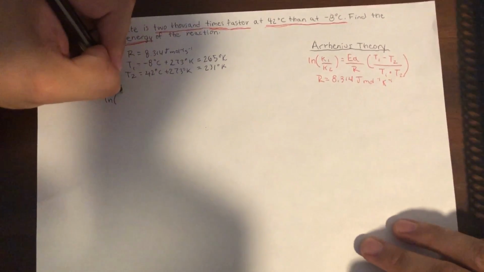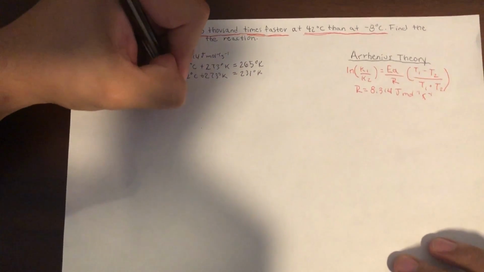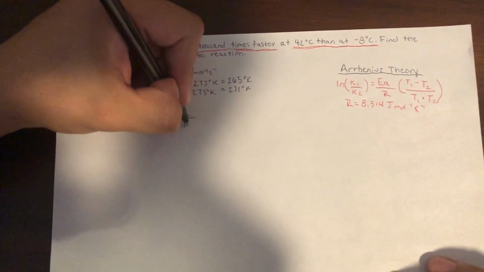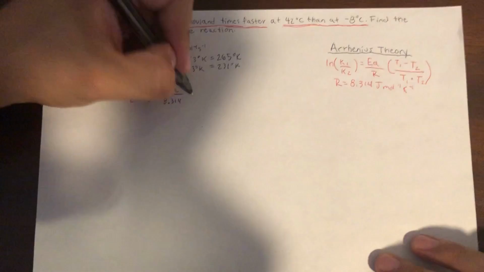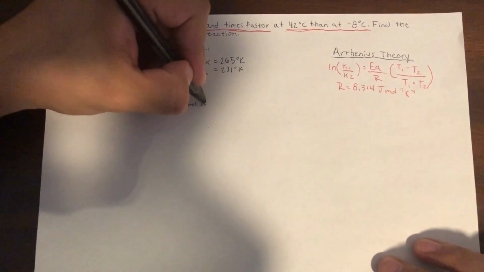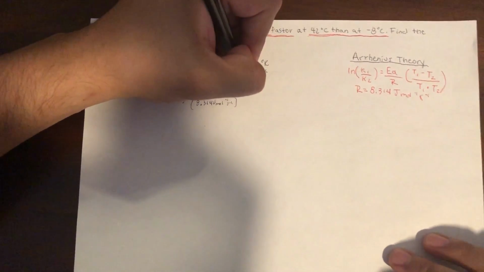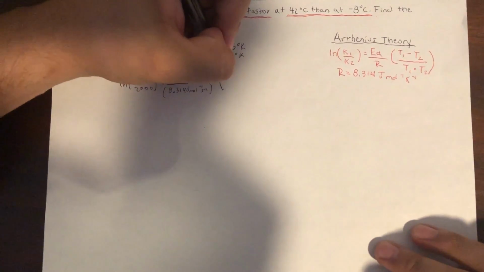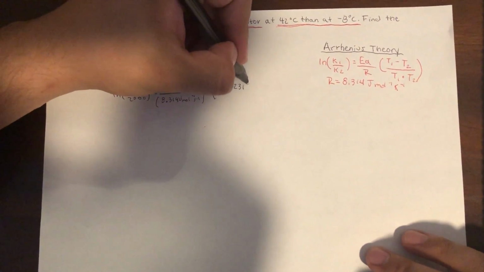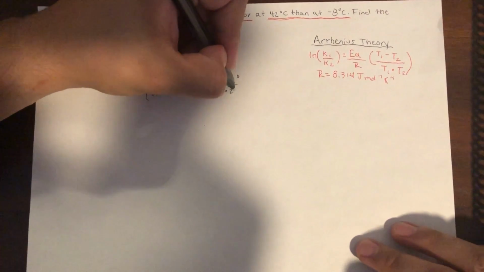Ln of K1, which is 1 over 2,000, is equal to the Ea, which we're trying to find, over 8.314 joules per mole, times T1, 265 minus 231 degrees, times 265 times 231.